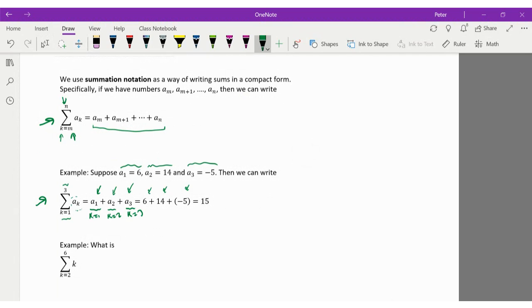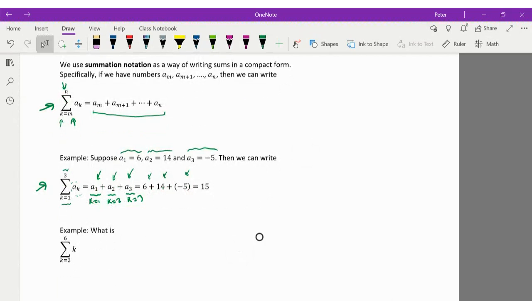Typically, instead of being given just some arbitrary list of numbers like A1, A2, and A3, we have an expression. So here, just to clarify what we're doing, the sum from k equals 2 to 6 of k is going to equal, I'm going from k equals 2 to 6, so I'm going to put in k equals 2, k equals 3, k equals 4, k equals 5, and k equals 6.